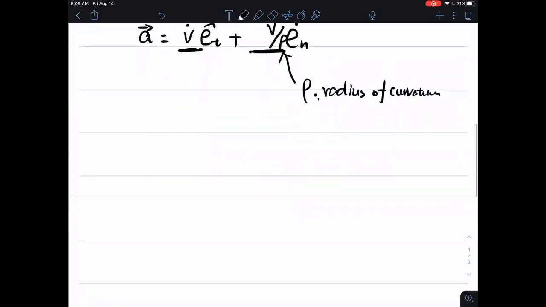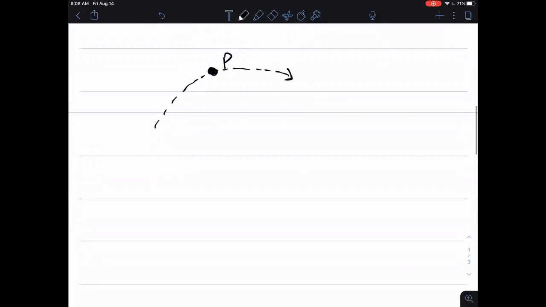Now another test for you. If we have a particle, let's call this P, and P is moving along this trajectory in this direction. If we want to use the path coordinate system to describe the motion of this particle, how would you put the path coordinate system on this particle?